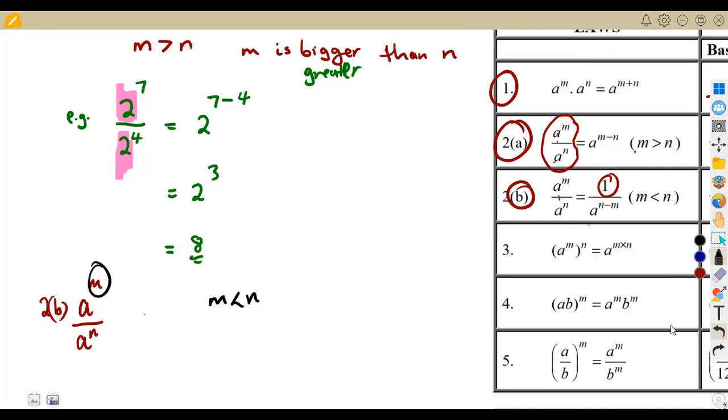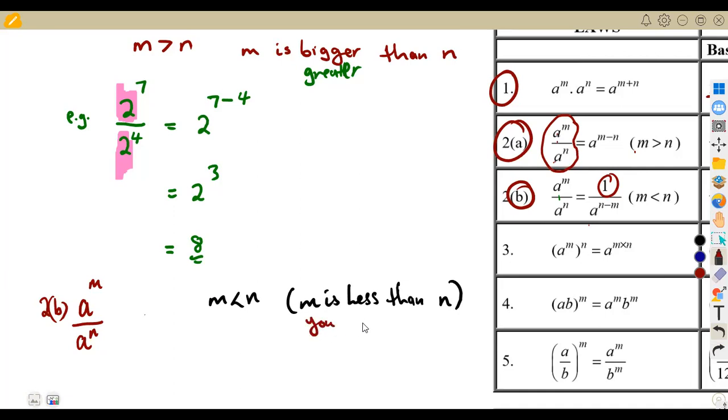This exponent on top, on the numerator, is less than the one in the denominator. So m is less than n. On a condition like that, we are going to obtain a negative exponent, okay?